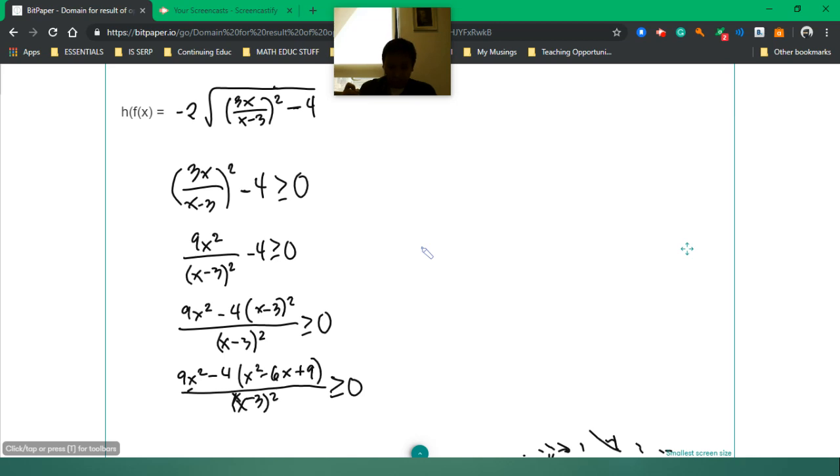Which means we'll be solving the inequality. So that's 9x squared minus 4 times x squared, 5x squared plus 24x plus 9.